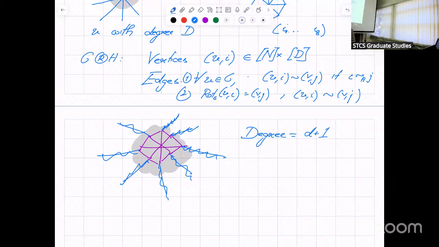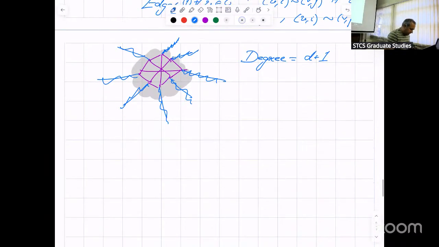Here there are two types of edges, so it's a bit bothersome. So what we'll come up with is another graph product, which has only one type of edges, and it will be very similar to this. So zigzag will be easier to analyze.